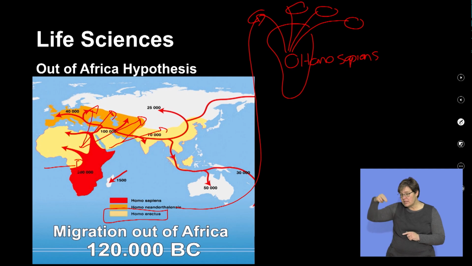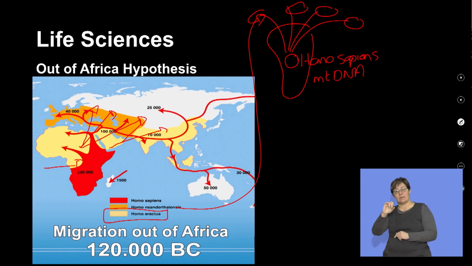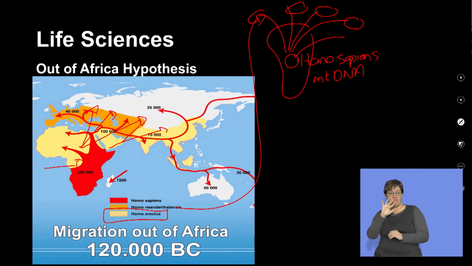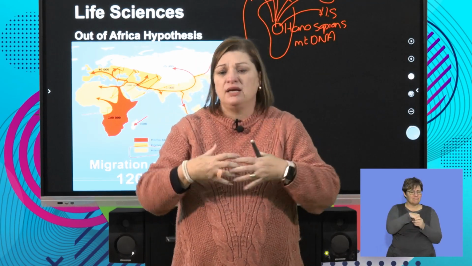Oldest artifacts, and genetic evidence, mitochondrial DNA, mitochondrial Eve, as she's called. All of it points to the fact that Homo sapiens originated in Africa, and they then followed in a second wave, and basically what happens is they outcompeted. There was some interbreeding, but basically at the end, the Homo sapiens, us, we're the only ones that survived.